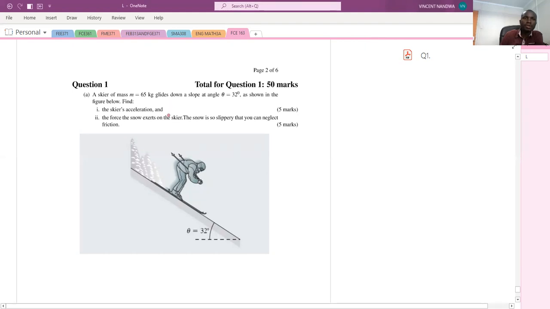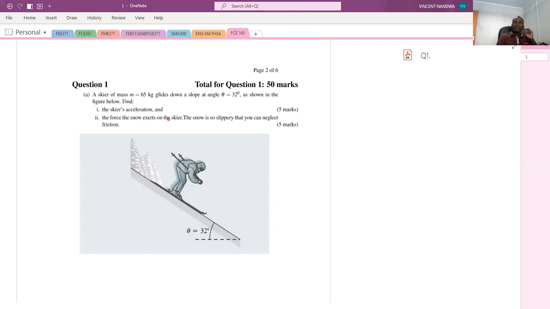And then number two, find the force that the snow exerts on the skier if the snow is so slippery that we can neglect the action of friction forces. Now, to solve such a problem, we need to draw a free body diagram and then draw an appropriate axis that can help us resolve all the forces acting on the object.